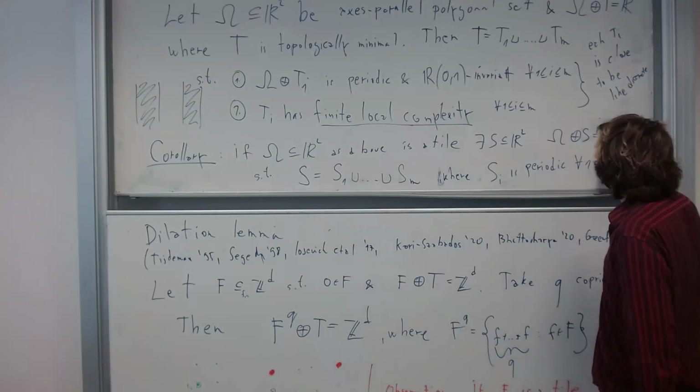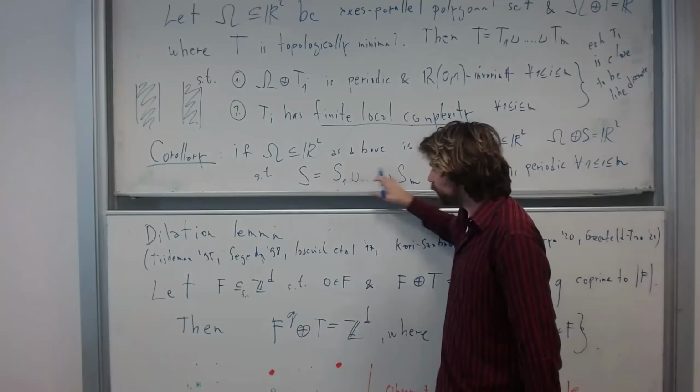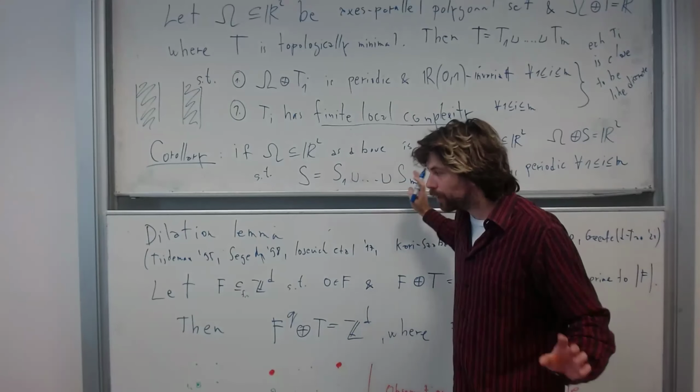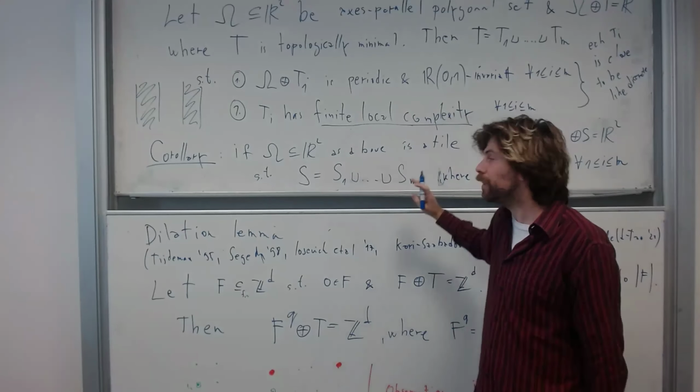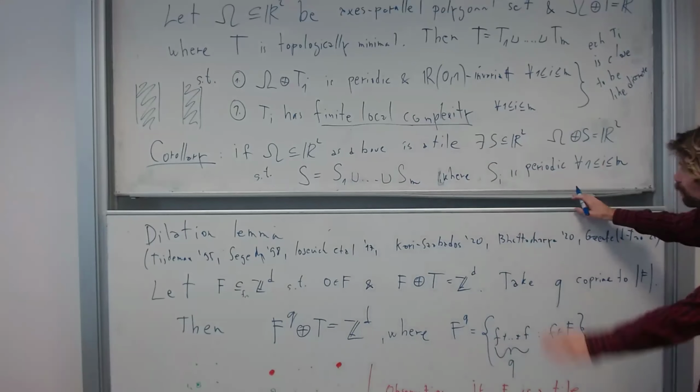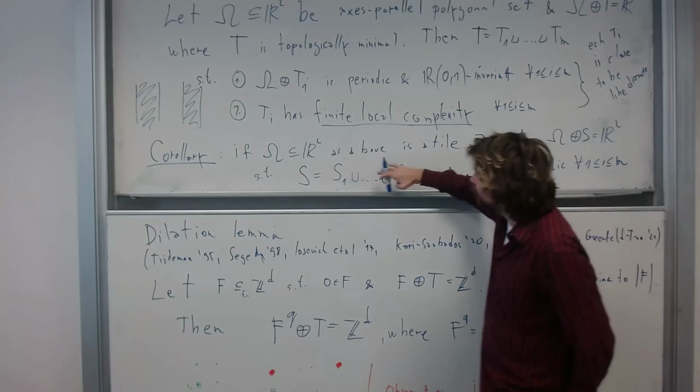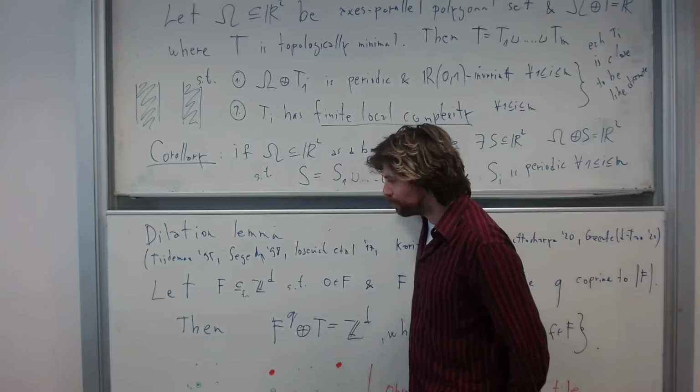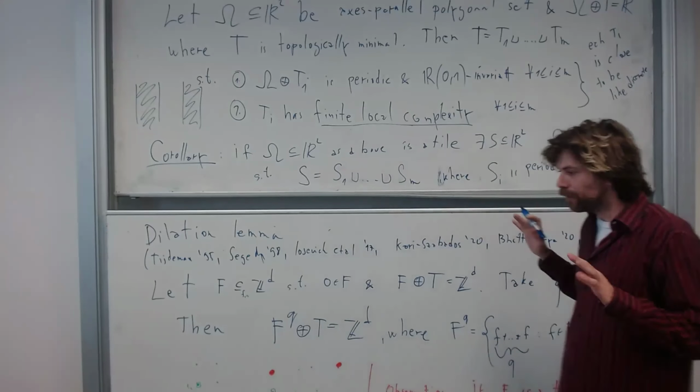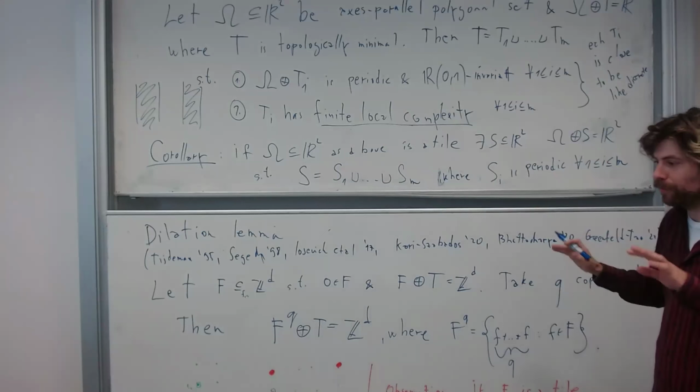They are periodic, but the lattices can theoretically be different. We don't really have an example where they have to be different, but this is a weaker form of the periodic tiling conjecture: you can find something that splits into periodic pieces.